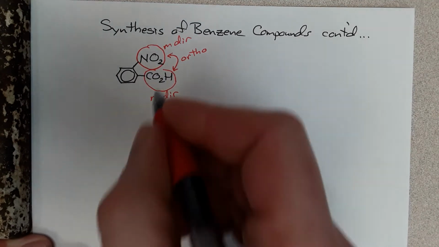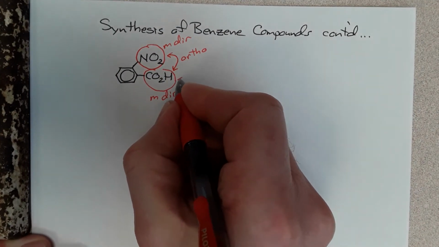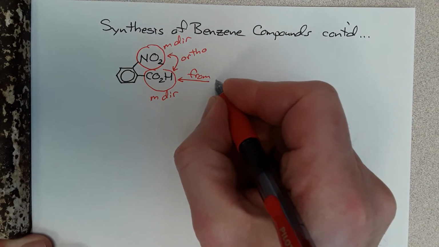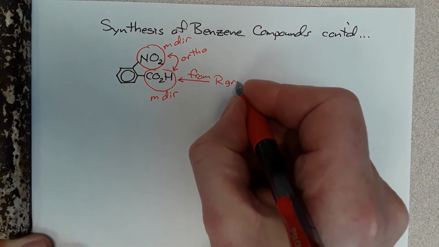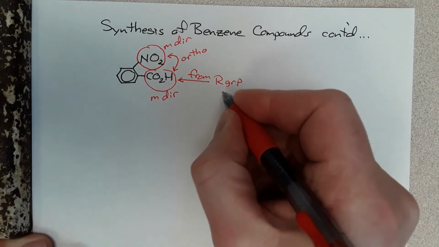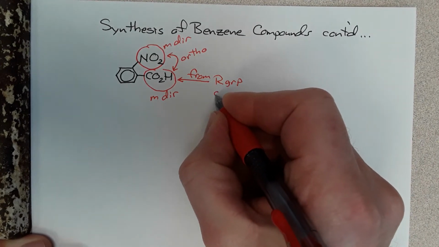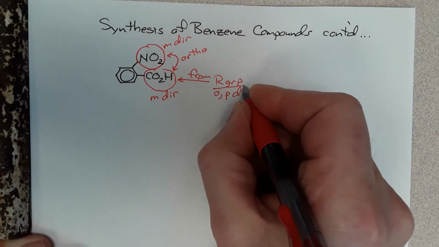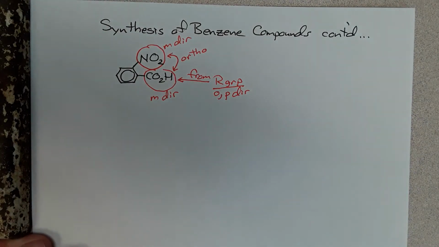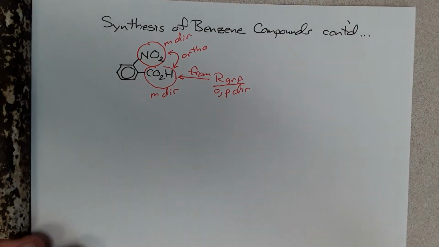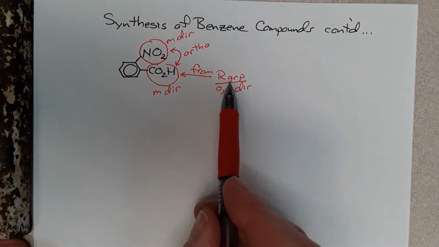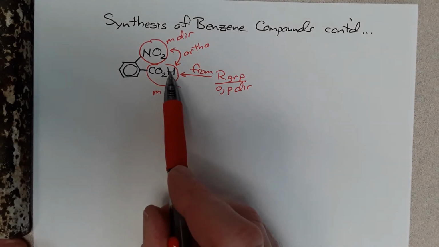The carboxylic acid, remember, we make from an R group, and that R group is an ortho-para director. So hopefully you figured that out. You add an R group, a methyl group, and then convert that into a carboxylic acid.